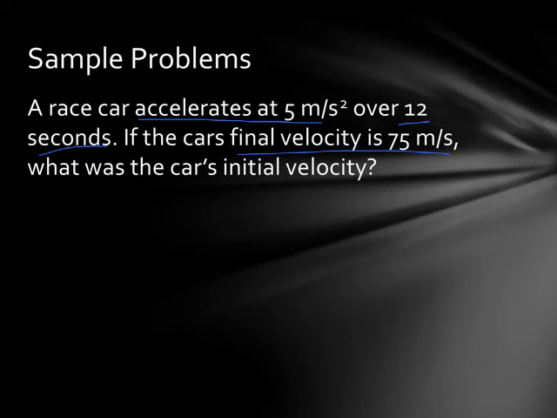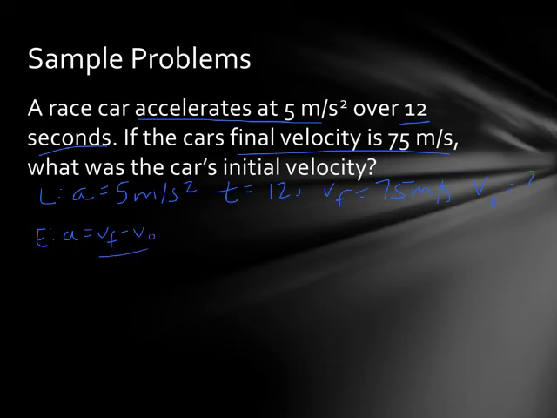So let's do our list. A equals 5 meters per second squared. T equals 12 seconds. And VF equals 75 meters per second. V0 is our question.